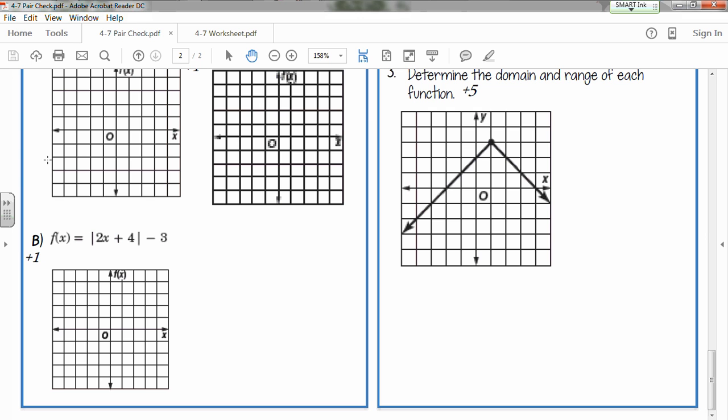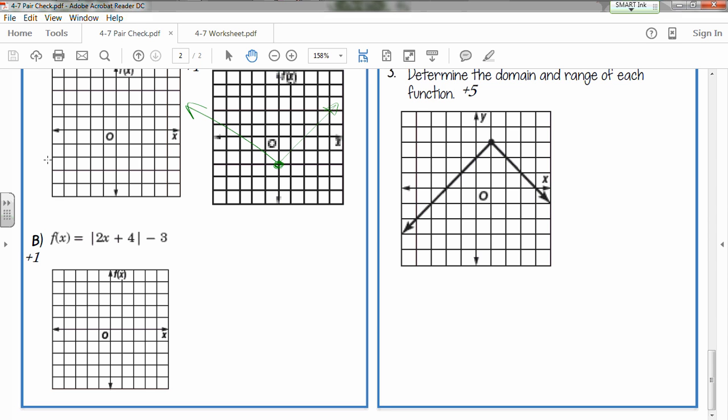Okay, what about my range? Whenever you had a minimum, my range is how much is it going up or how much is it going down? If I have an absolute value graph like this, where's my minimum?